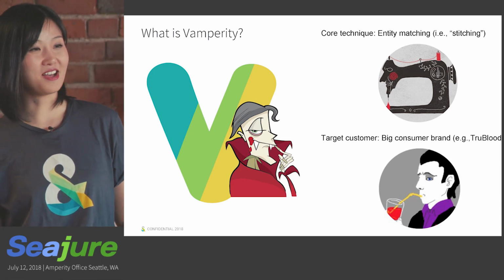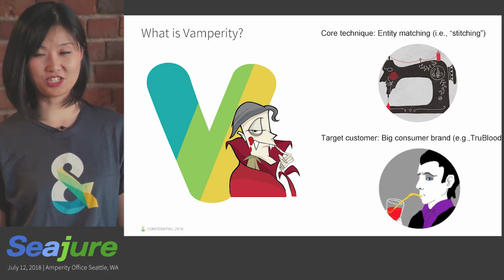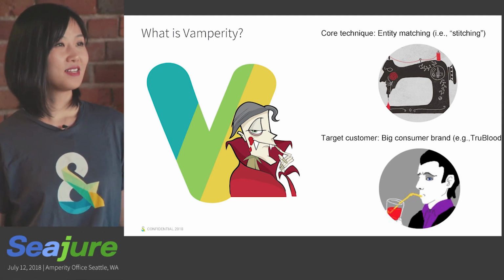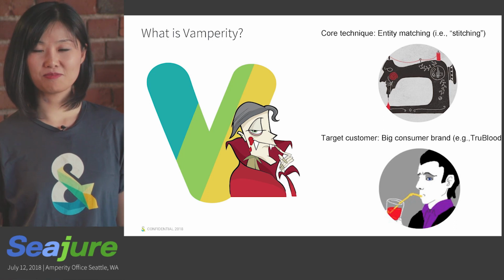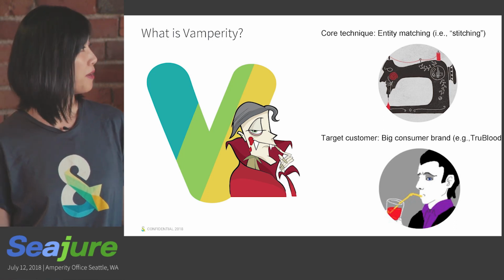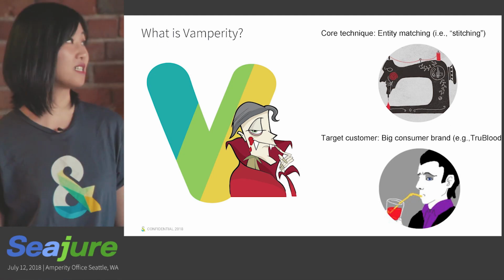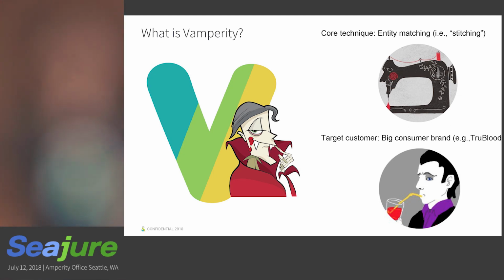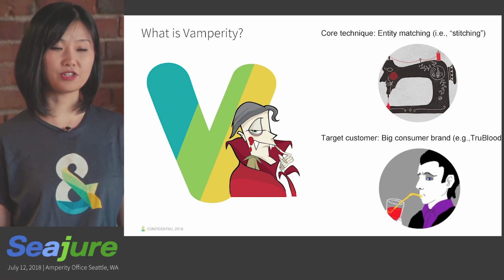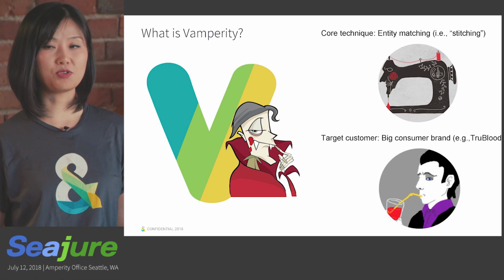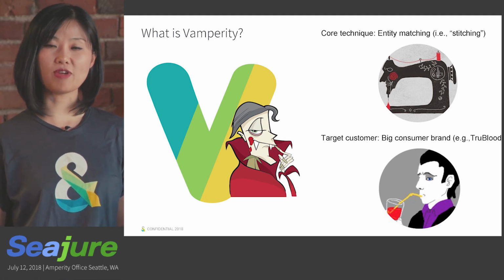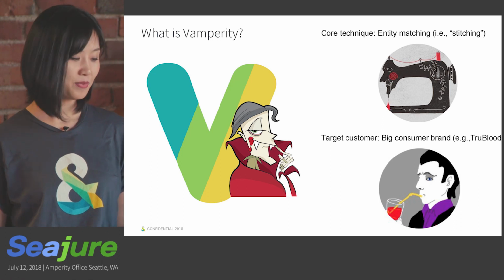Vamperity builds a product called Intelligent Customer Data Platform, powered by machine learning and some novel entity matching algorithms developed in-house. The core technique, entity matching, or stitching, is like a professional tailor trying to create a beautiful, consistent garment by merging different random pieces of cloth together.